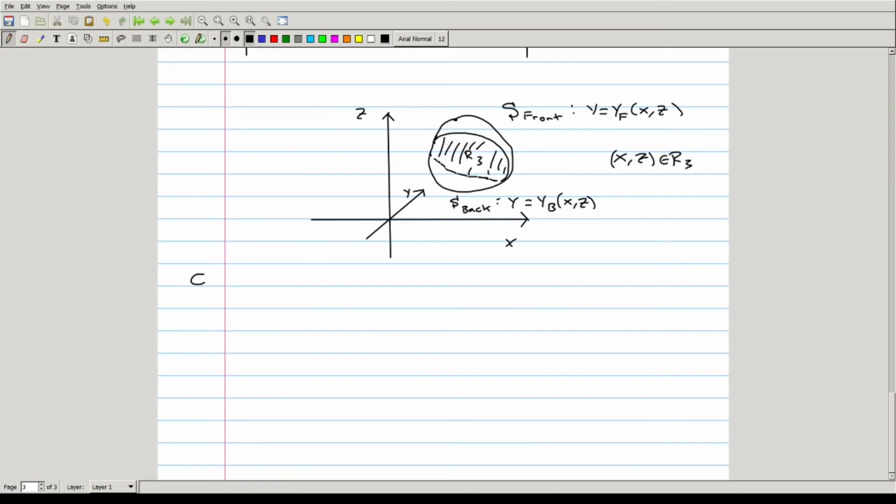So let's just consider the following. Remember, the divergence of f in Cartesian coordinates is the sum of dP/dx plus dQ/dy plus dR/dz.